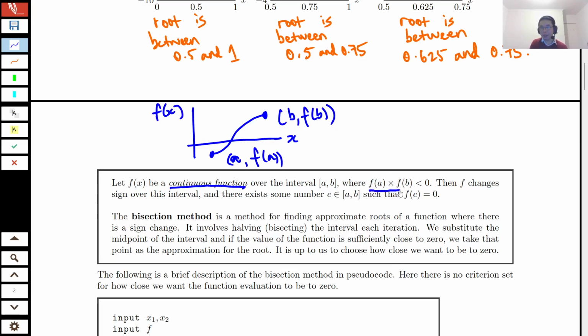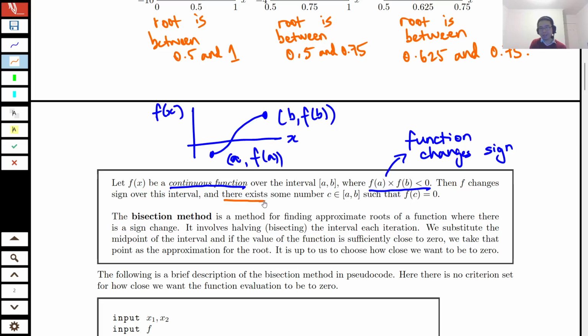This part here tells us the function changes sign. And because it's continuous, it must have passed through 0 at some point. Don't worry too much about this.